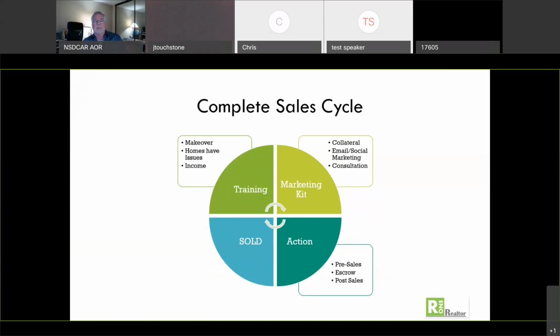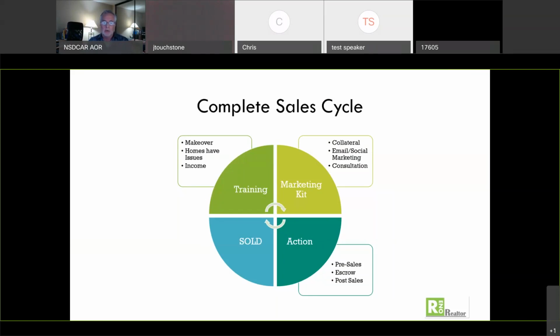So one of the key differences about this whole series is we're going to talk a little bit about the different scenarios on how renovation loans fulfill a multitude of real estate needs. We've been providing training on that. But a really important component of this is providing all of the marketing around this. So this really helps you get into the marketplace that much faster.